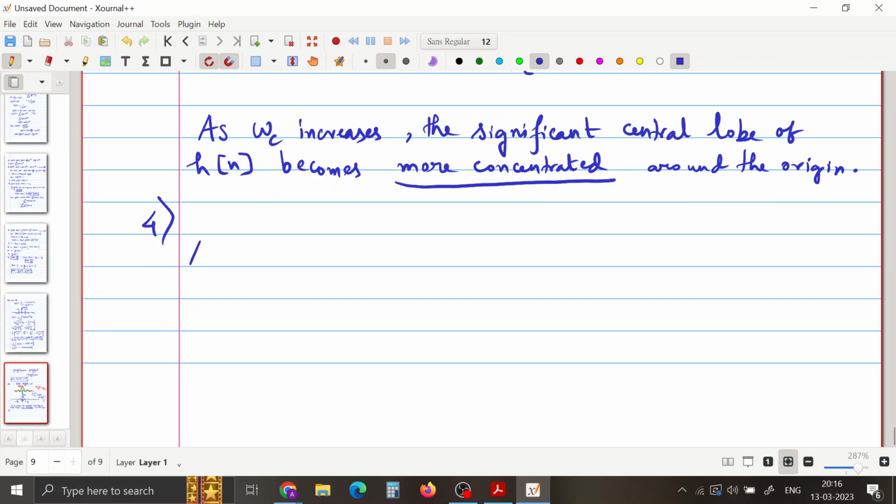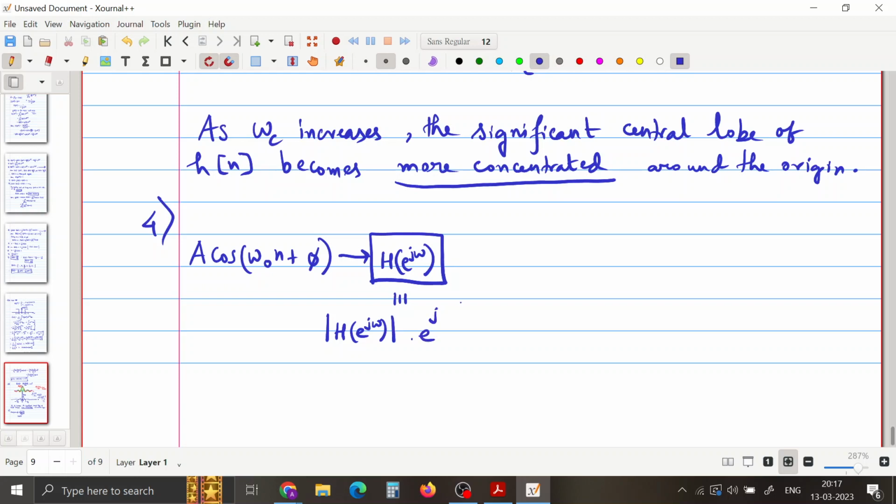If you give an input of the form a cos of omega naught n plus phi to an LTI system with frequency response h of e power j omega, you can write h of e power j omega as magnitude times a phase factor: mod h of e power j omega, which is the magnitude, times e power j times the angle of the frequency response.